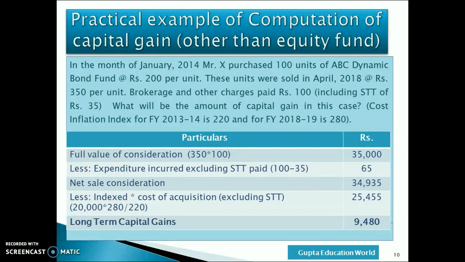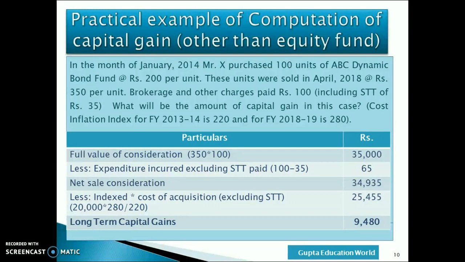Now in this case our sales consideration will be 350 into 100, that is 35,000. From this we have to exclude the expenditure incurred in relation to this sale, that is 100 minus 35, that means excluding STT. Now rupees 65 is our expenditure. Now net sales consideration will be 35,000 minus 65, that is 34,935.